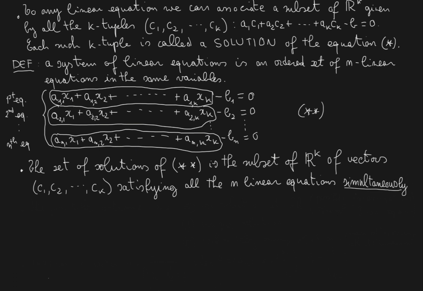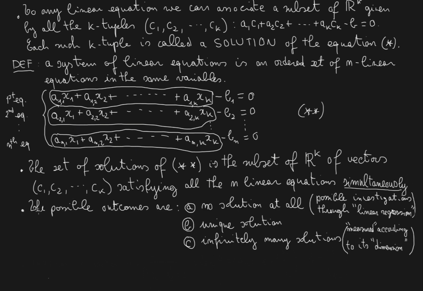Therefore, if you want, it is the intersection of the sets of solutions of each of these linear equations. So these k-tuples of real numbers have to satisfy simultaneously all the n equations.